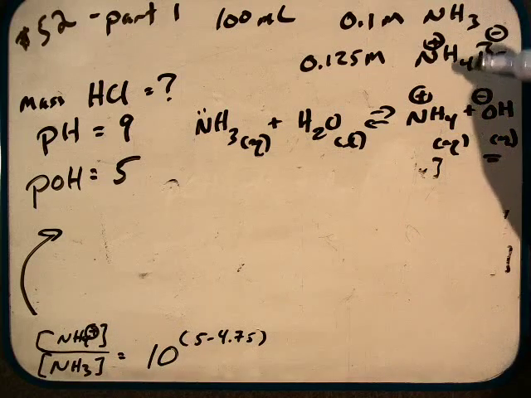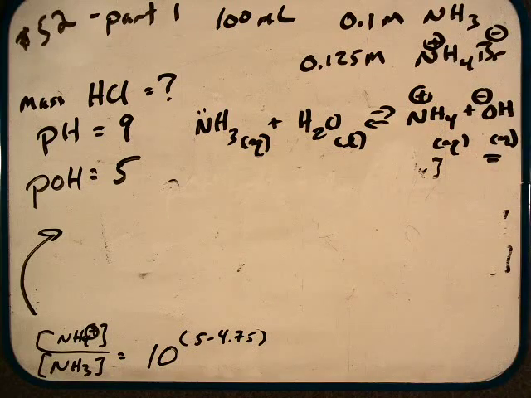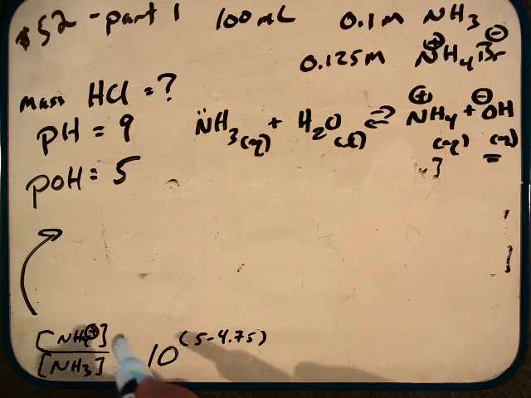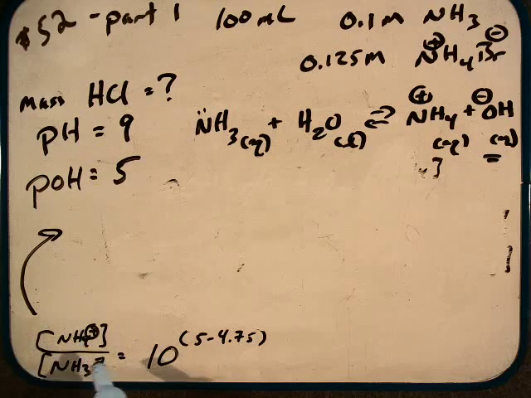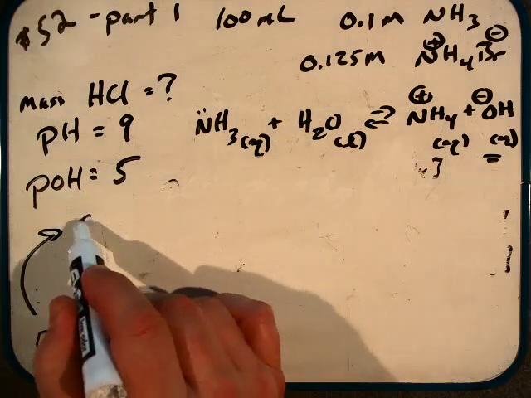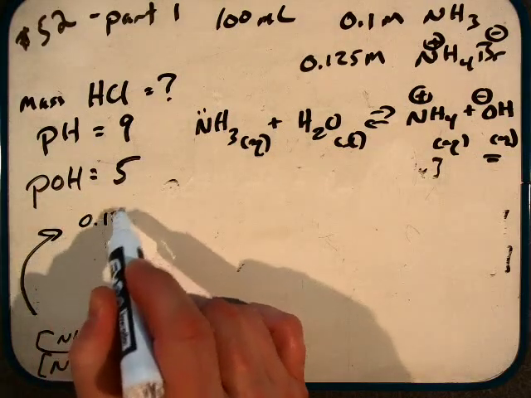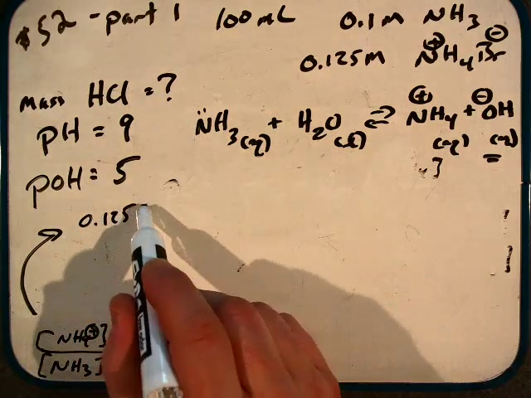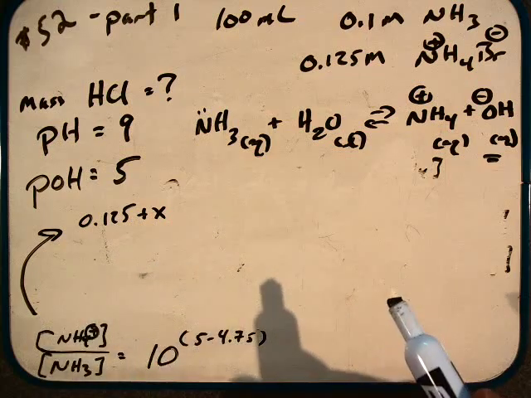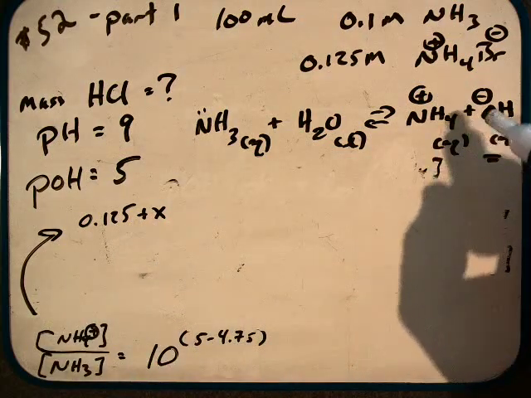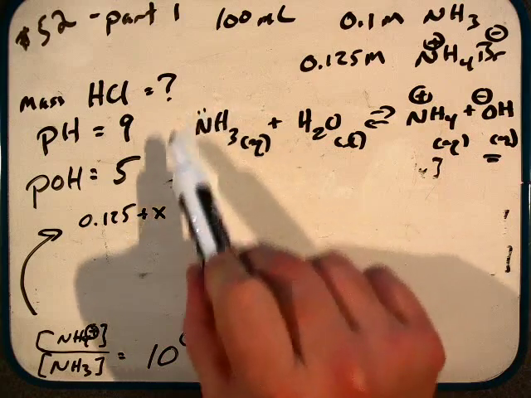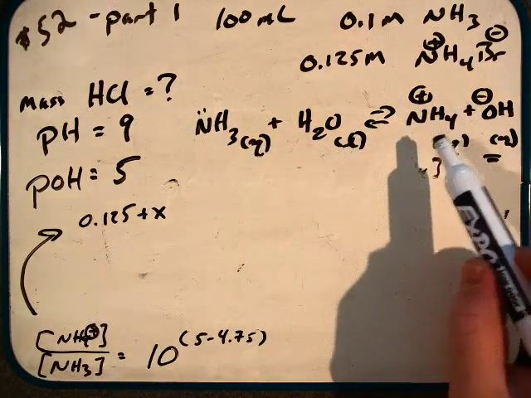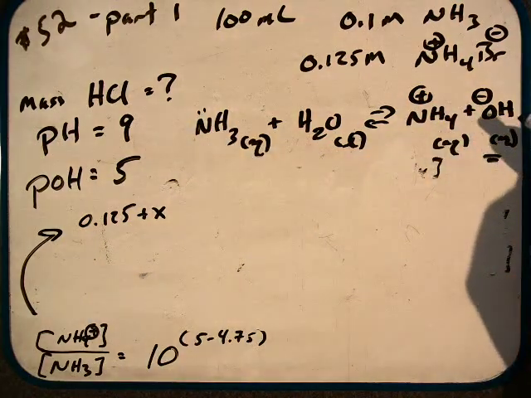We already have two concentrations for those two species of the buffer. So our ammonium concentration is going to be 0.125 plus some change, right? Because if we're beginning with a buffer of NH3 and NH4, we don't really have any hydroxide yet.